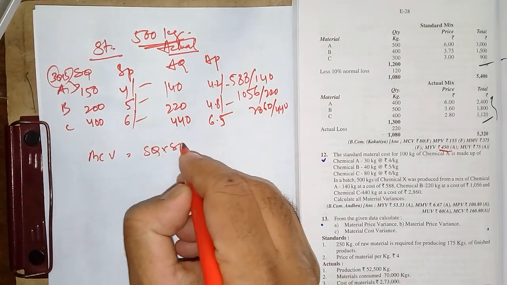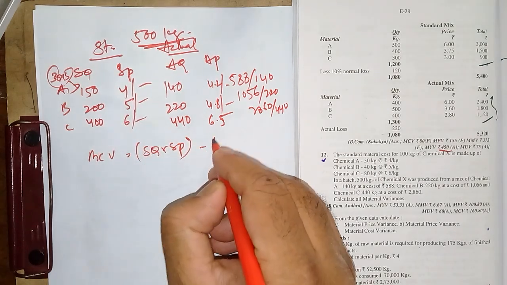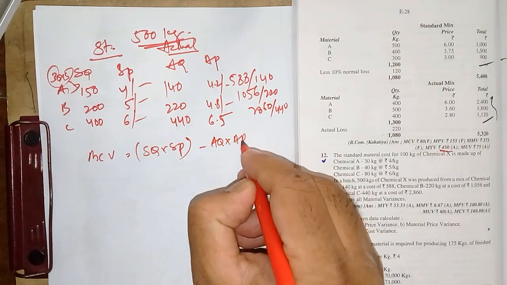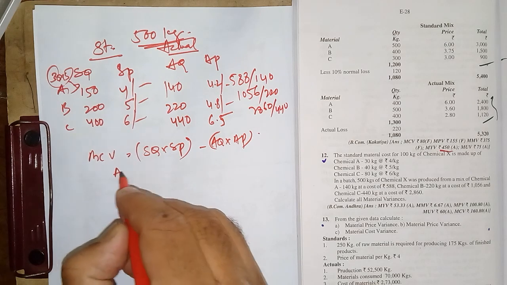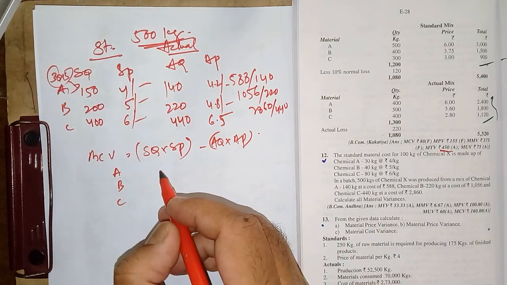Once it is done, we can calculate the rest of the things, that is MCV: SQ into SP minus AQ into AP. Apply the formula and get the answer. Standard quantity A, B, C, all 3 we need to take.